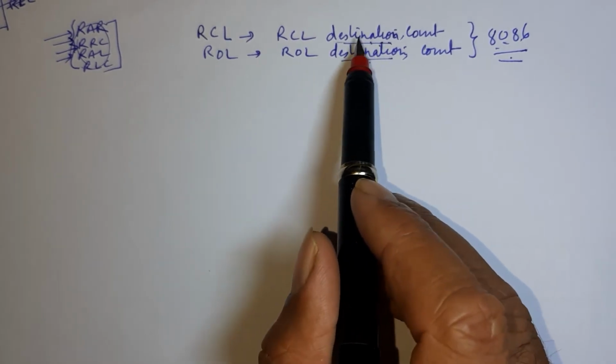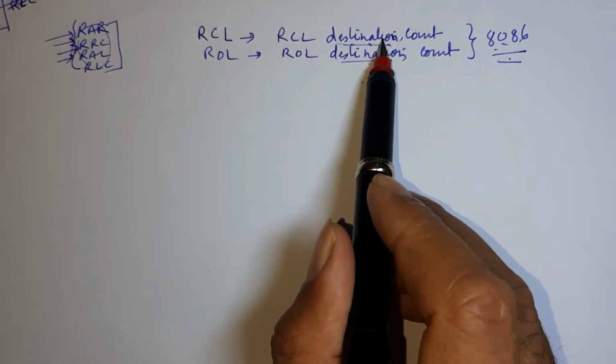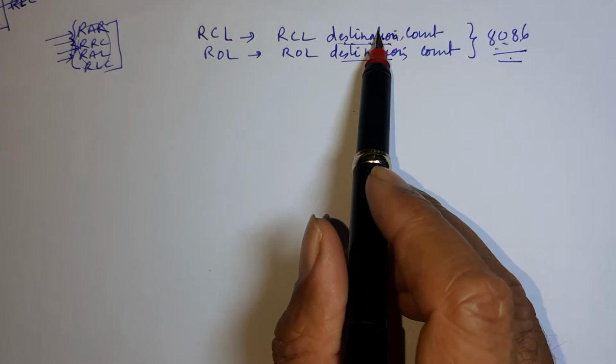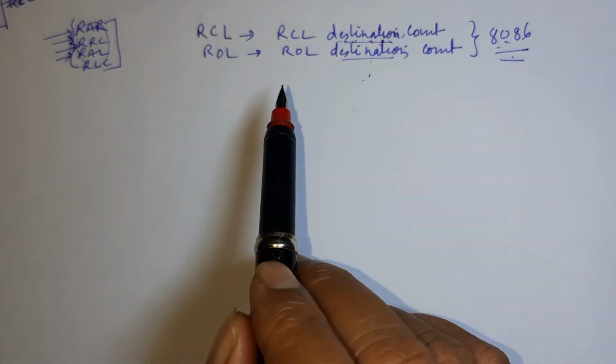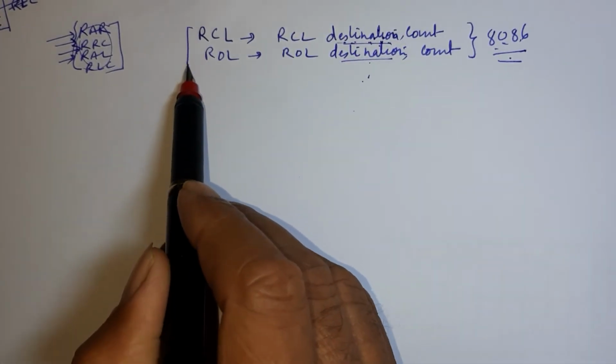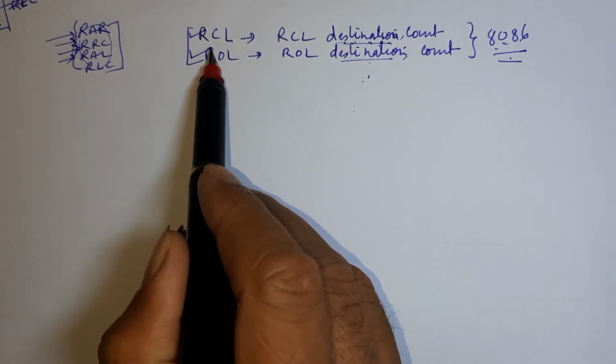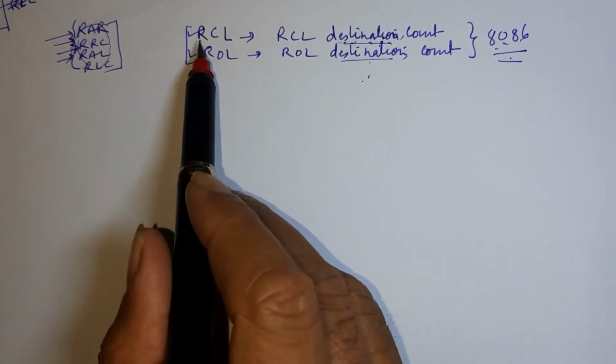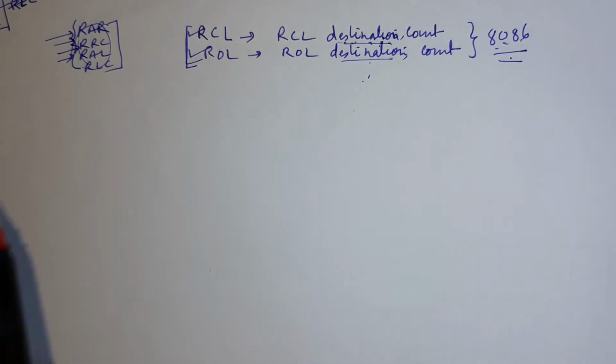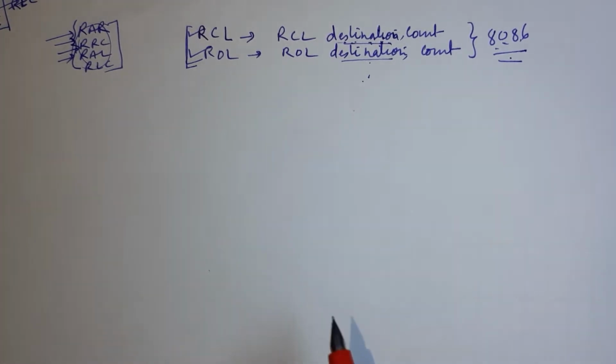Whatever register or memory you mention, this instruction is going to work on that data. So we have two instructions, one is RCL and the second is ROL. Both work for left rotate. One by one I will discuss what the difference is between these.